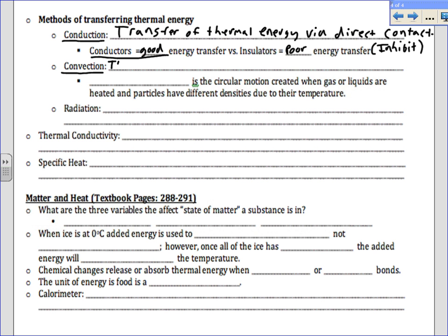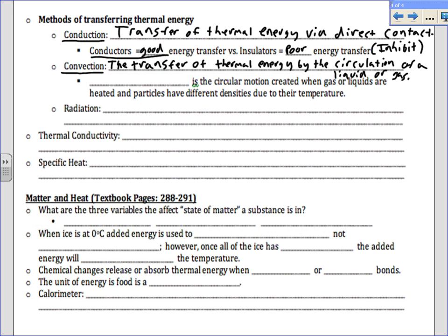Another method of heat transfer is convection. And this is the transfer of thermal energy by the circulation of a liquid or gas.